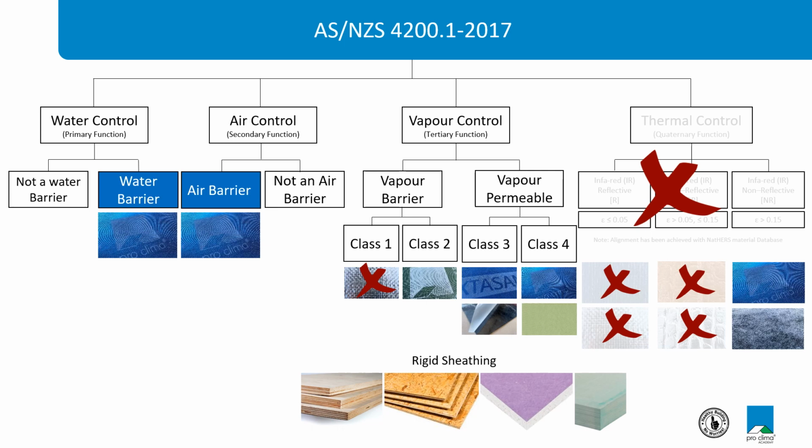And depending on the type of rigid sheathing that you choose, whether it be a plywood, an oriented strand board, a gypsum plasterboard, exterior grade, or a fiber cement sheet, they all have different vapor diffusion properties and potential for trapping moisture behind them.